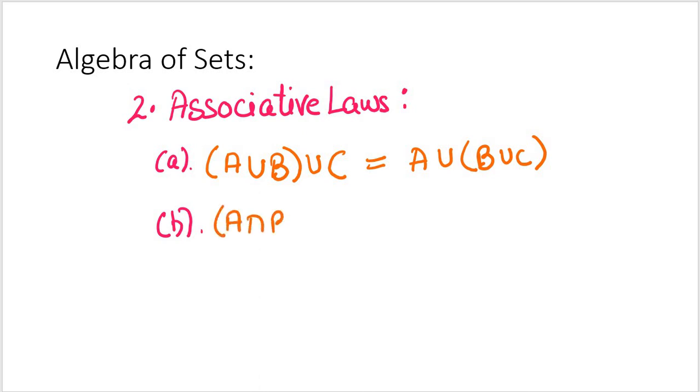That means A intersection B intersection C will be equal to A intersection B intersection C. Right, so this can also be proved, and once again using the same concept of taking an element x which exists in your A, and there will be a straightforward proof for this as well that we can see separately. Now, so this was about associativity.